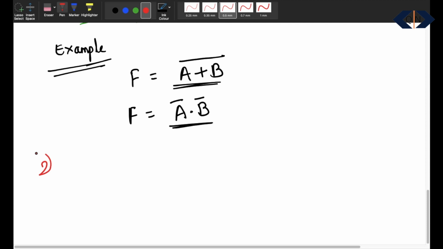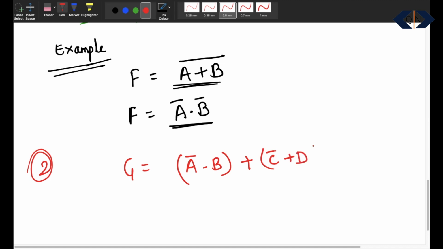So, second example. Suppose we have an algebraic Boolean expression: (A bar dot B plus C bar plus D) and there is a whole bar here. Now you might be thinking that we have not seen anything for four inputs, we have just seen it for two inputs.